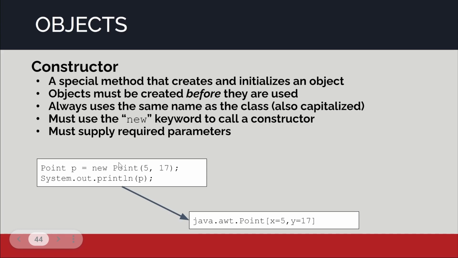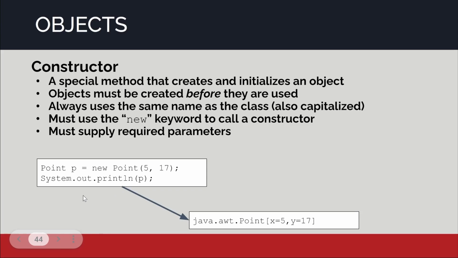We have to create it. So this isn't like p.point. We have to create it before we can call those object methods. So the syntax is a little different. So new Point, and then just like other methods, they can have parameters. If there are parameters in the constructor, you have to pass them in. Point has two parameters, x and y. We're going to pass in 5 and 17.